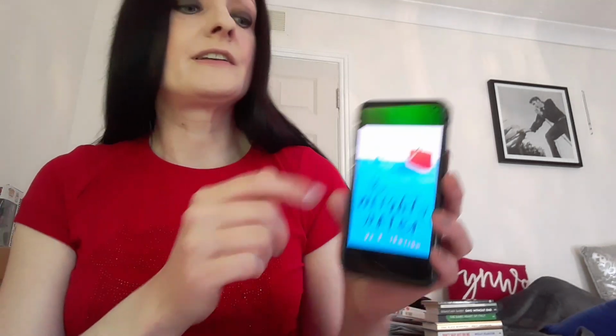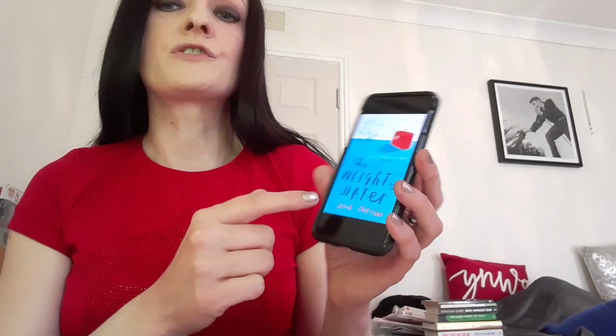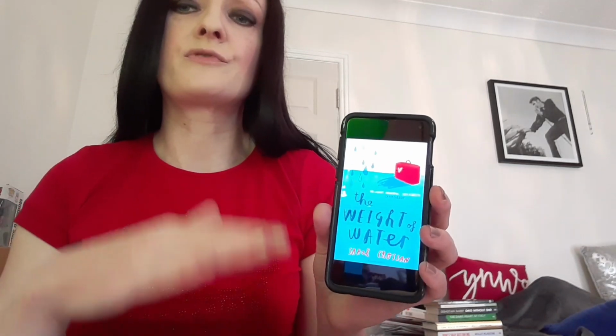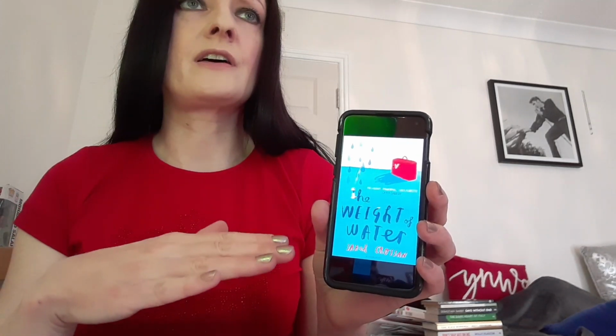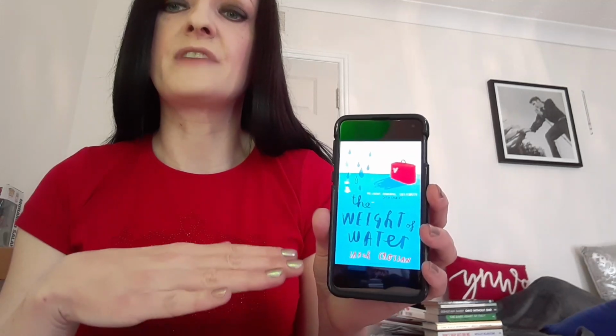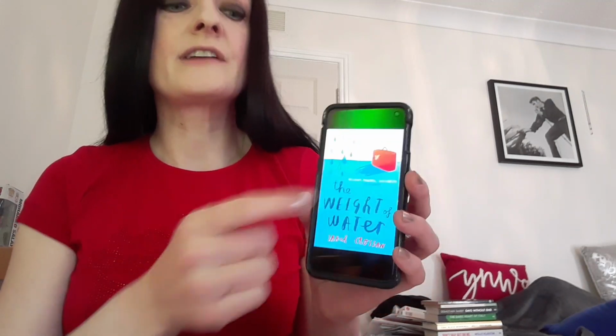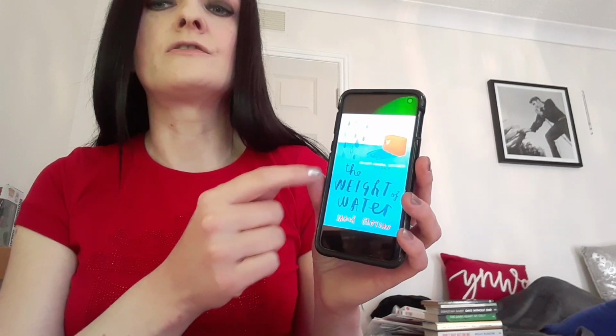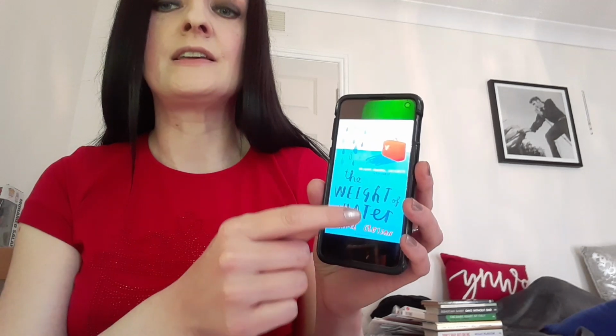Then we think of the title in its entirety, the weight of water. So is the water a burden? Is it pressure? Is it something that perhaps oppresses her, something negative? Or is it like a pun? The weight of water, W-A-I-T, is the water waiting for her like a safe place or a refuge.